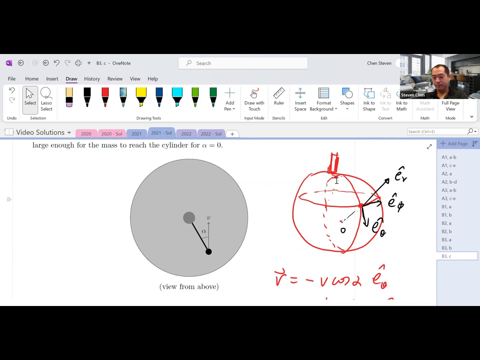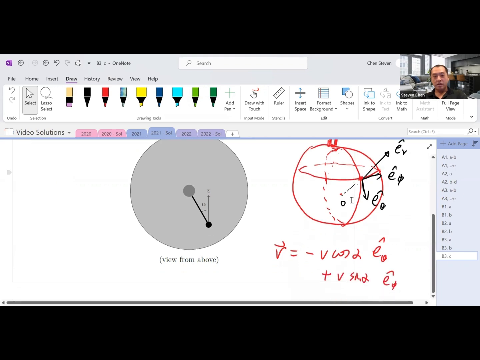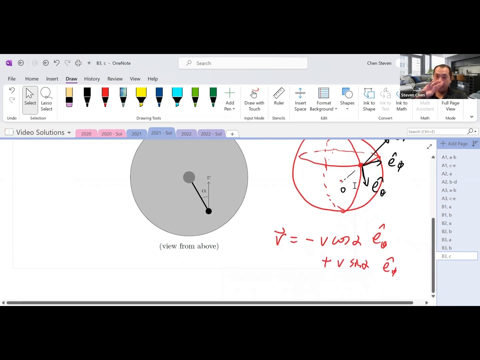Let's try. For spherical motion, for many such problems, the system conserves angular momentum. But maybe not the full angular momentum, maybe some component of the angular momentum, conserved in one direction. Okay. I'm claiming that for this problem, the z component of angular momentum is conserved.